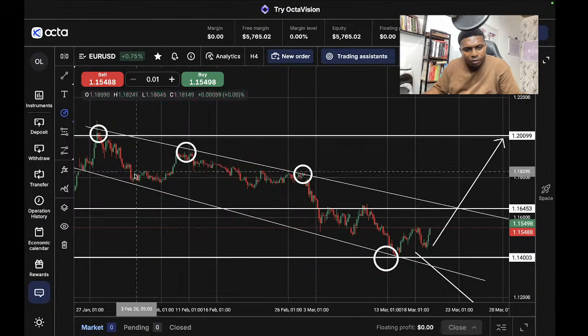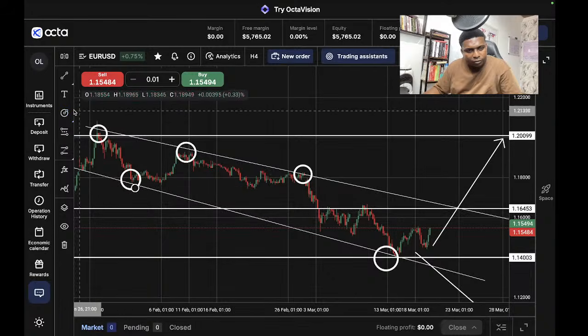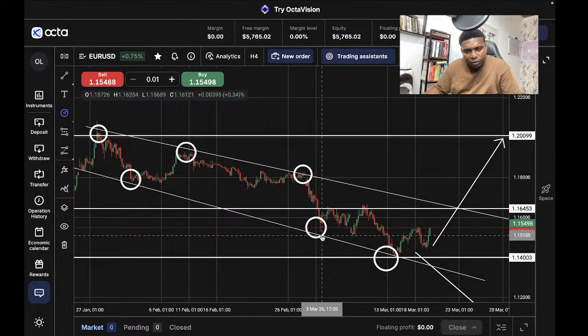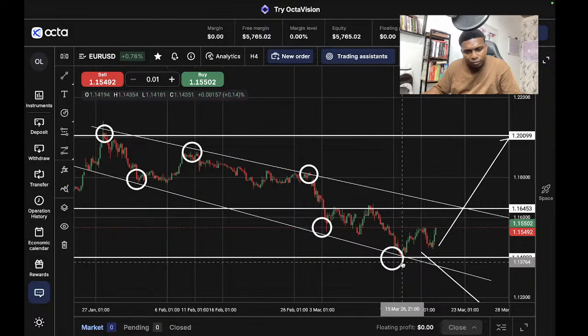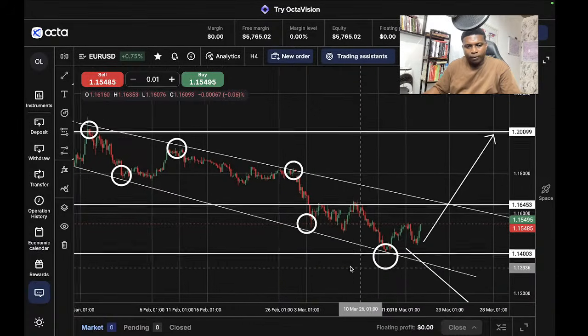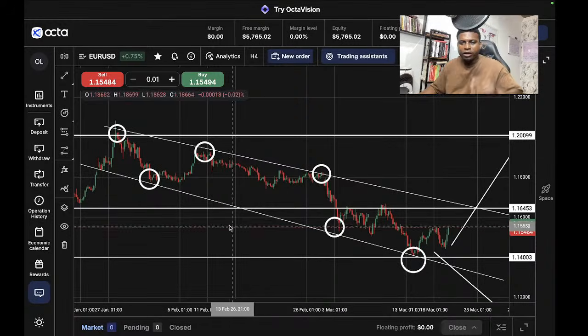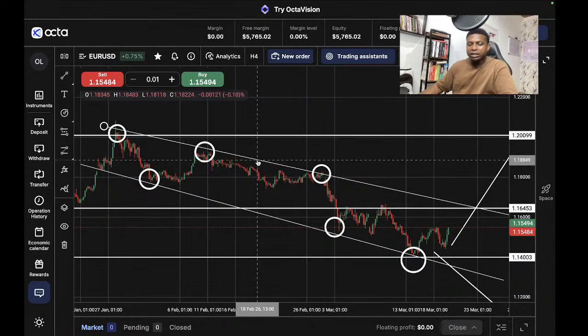You can see it here also. Then another one here. So you can see that price has been ranging, moving in this trend.